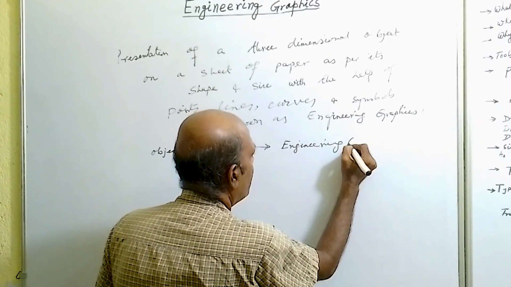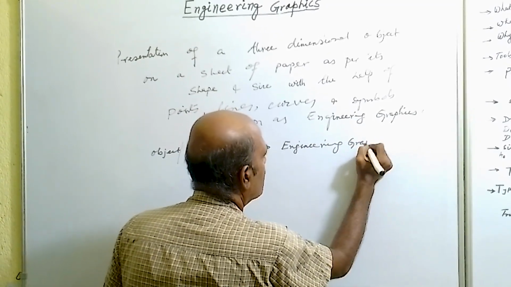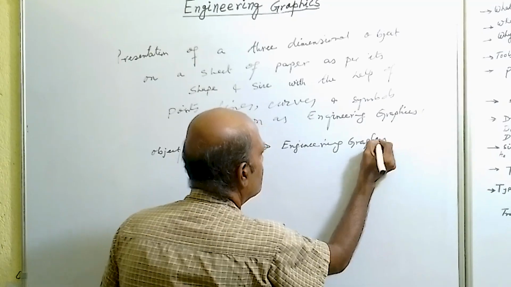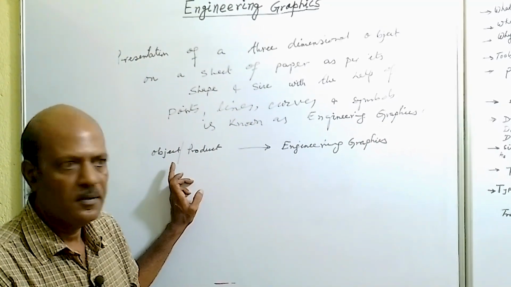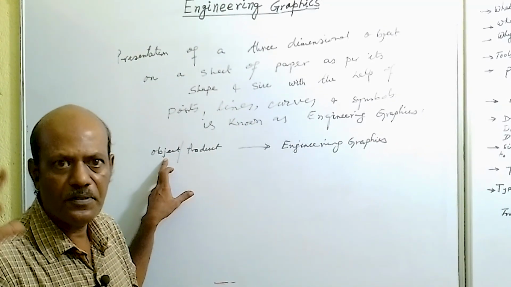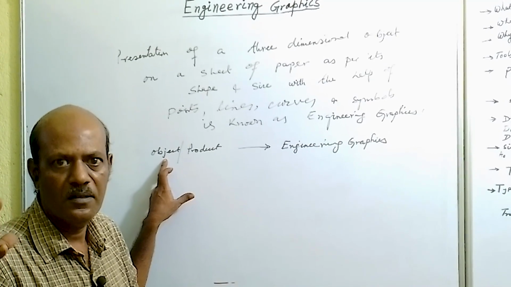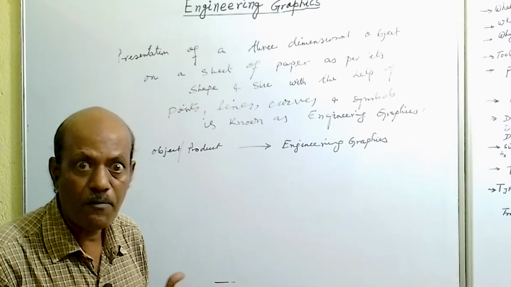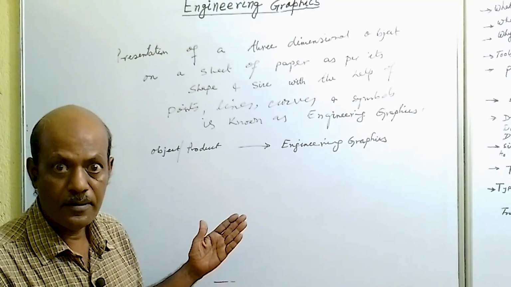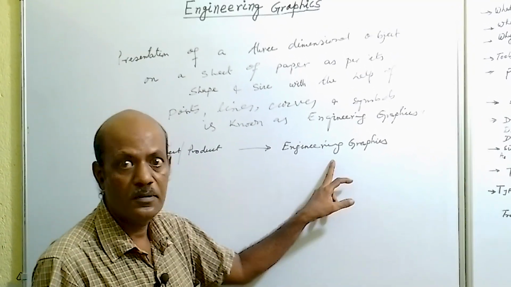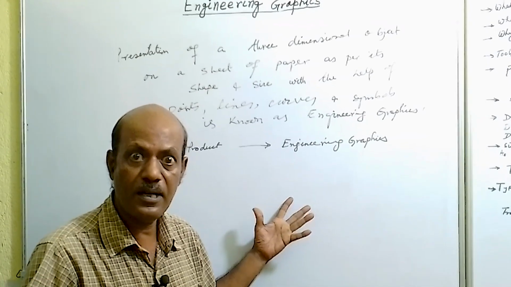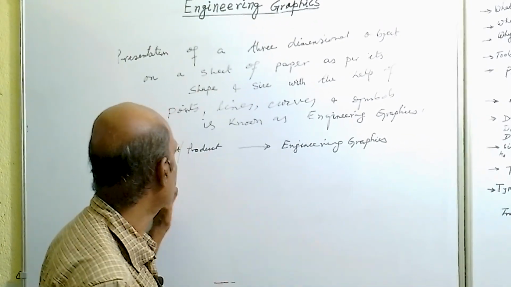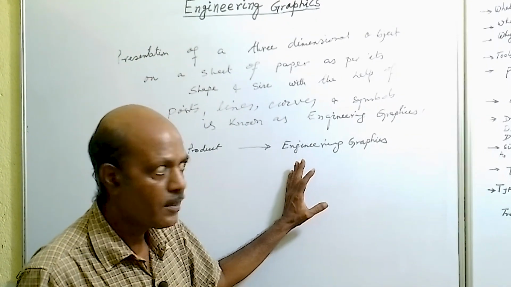So that means the concept of that product is communicated from one mind to other mind with the help of the sketches, graphs, etc. And that is called the engineering graphics.